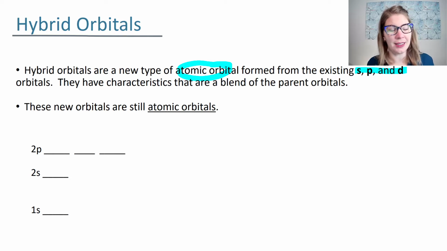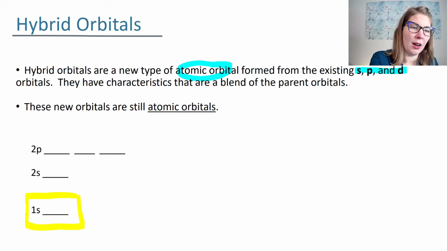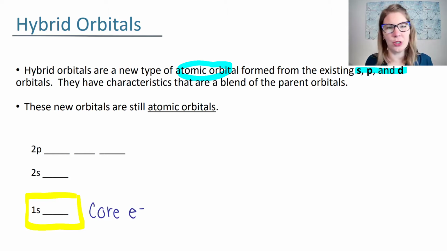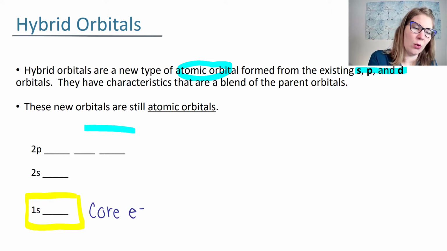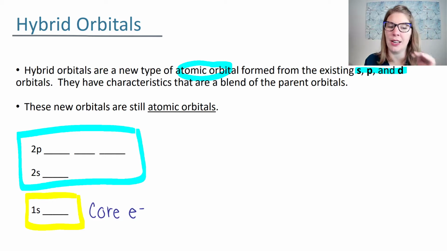What happens is the 1s orbital is representing your core electrons, and we don't touch those. Right? So those are your core electrons. Over here, and remember we're just talking about 1s, 2s, 2p because we're talking about carbon. It is organic chemistry after all.